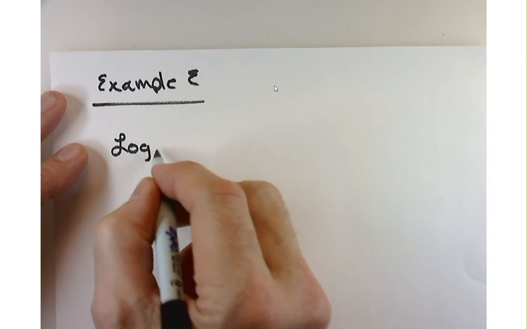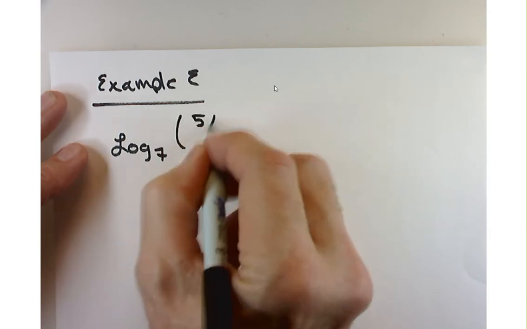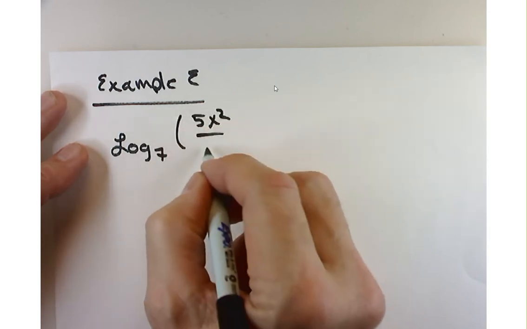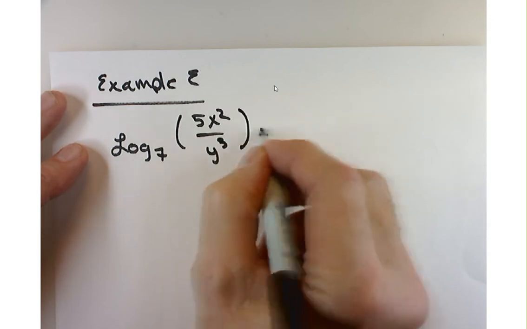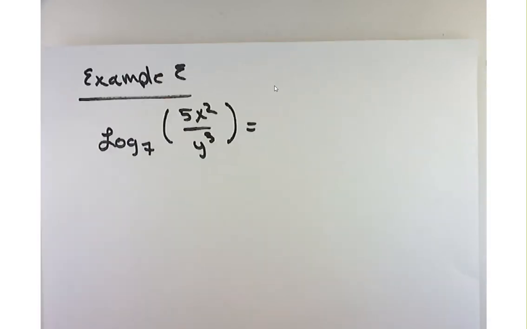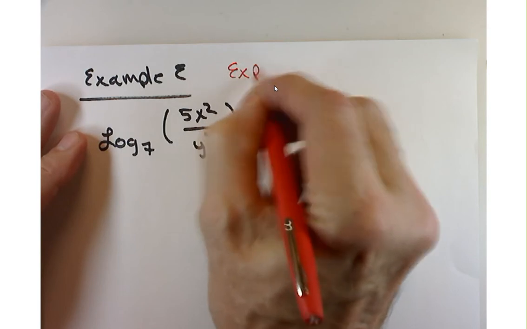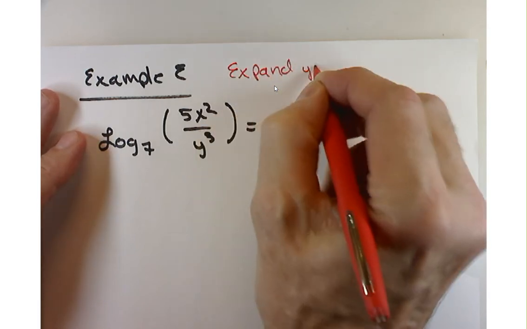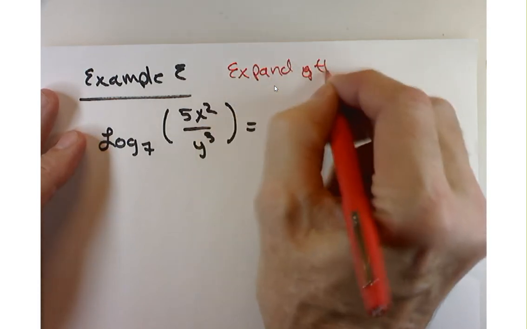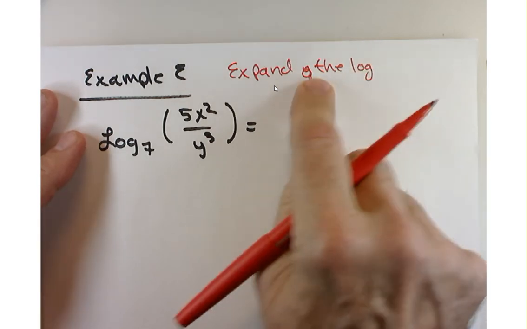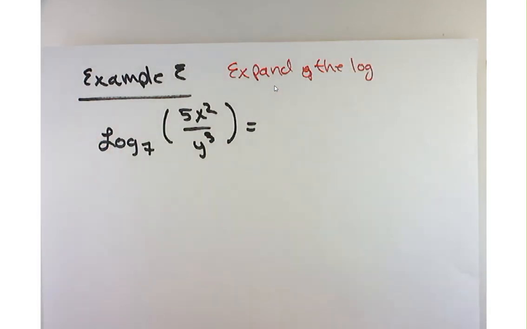Log base 7 of 5x squared over y cubed. The idea here is to use your properties of logs, and we need to expand the log. So your directions are going to say something like that.